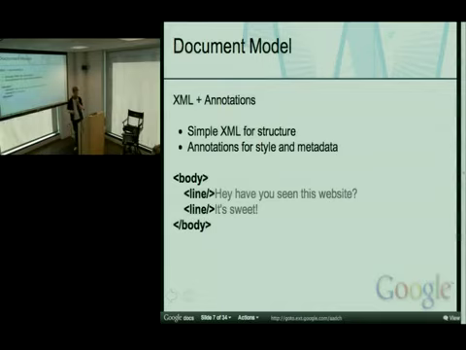There's text. It's all wrapped in a body element, and it's all a very simple structure. And we use the XML part of the document for structure, like text and lines, but for stylistic things, we don't use structural elements. Instead, we use annotations. And you might recall from other talks how annotations work. We'll see some more annotations later in this talk.